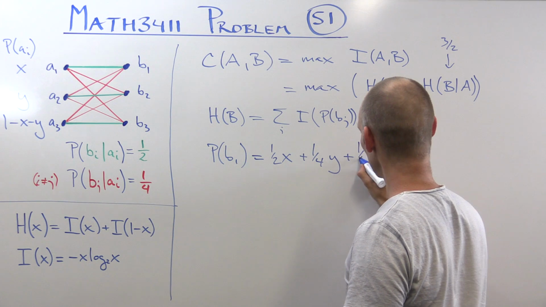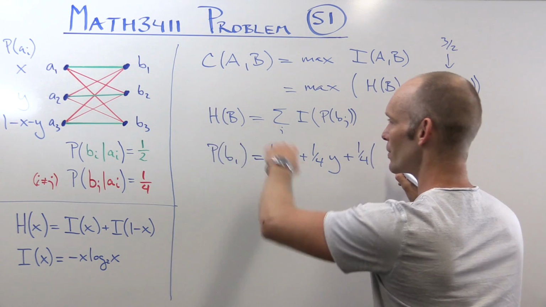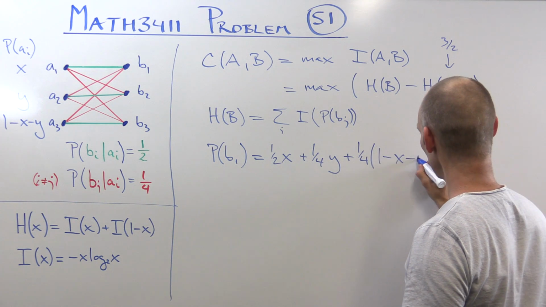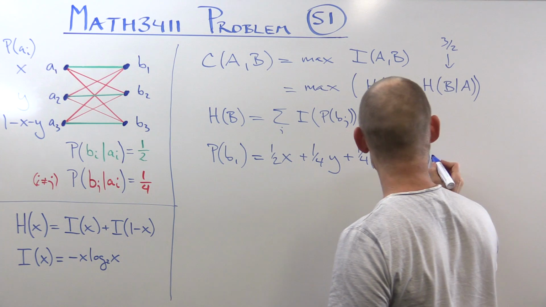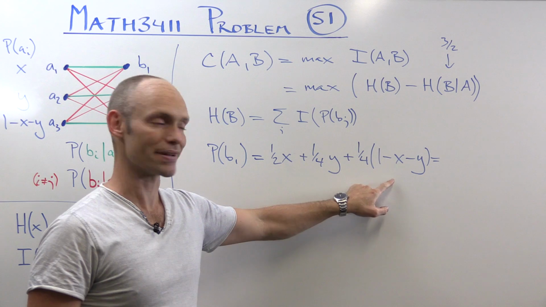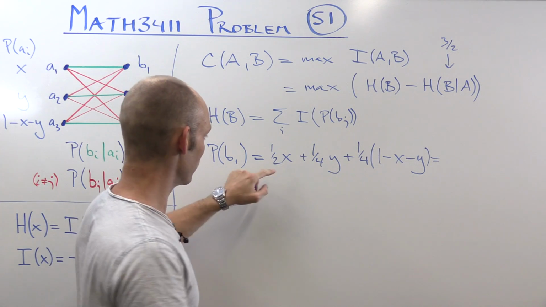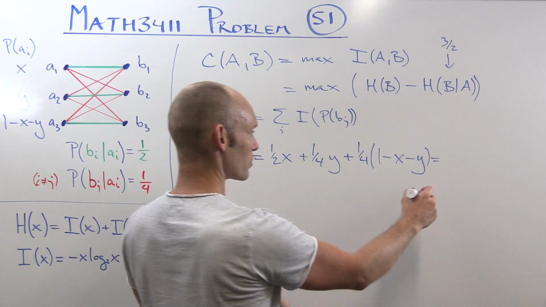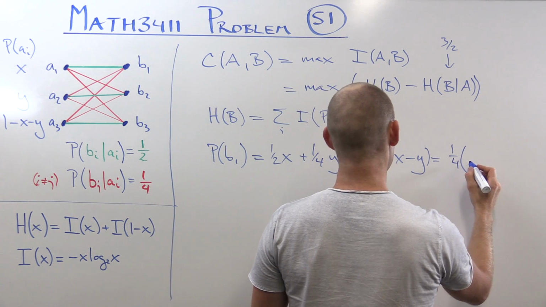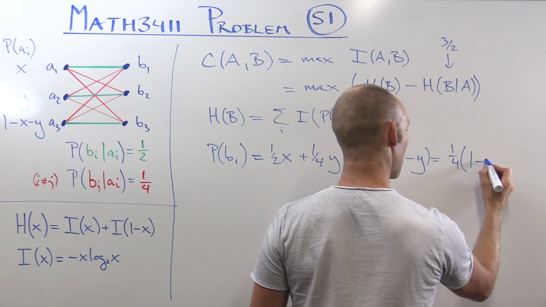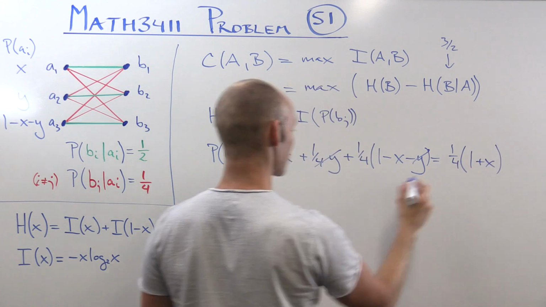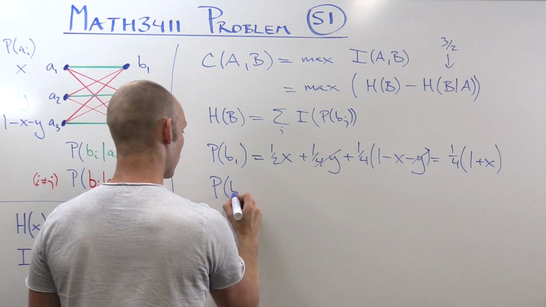And similarly, we've got a quarter chance of getting from A3 to B1, and then 1 minus x minus y probability of having sent A3 in the first place. So if we tidy this up, we've got a half x minus a quarter x, that's a quarter x, and then we've got 1 there, and the y's cancel out, so we're just left with a quarter times 1 plus x.